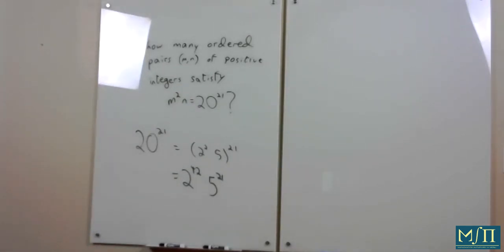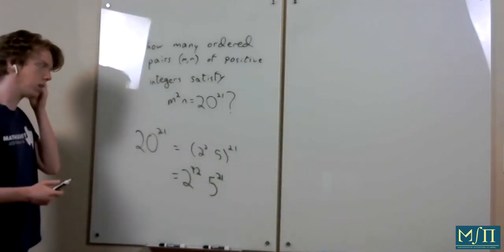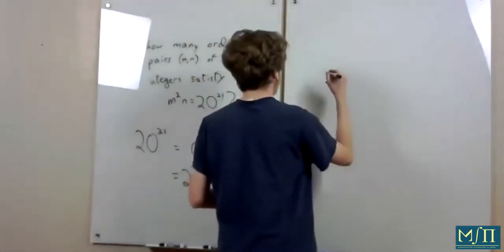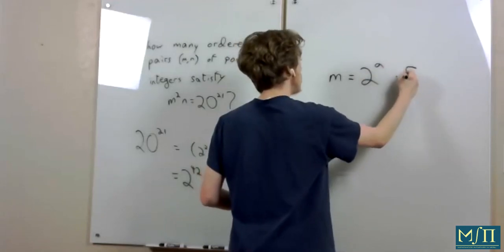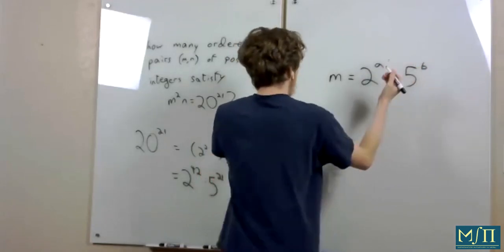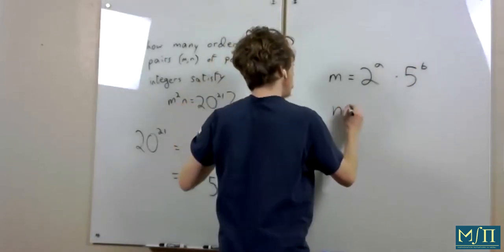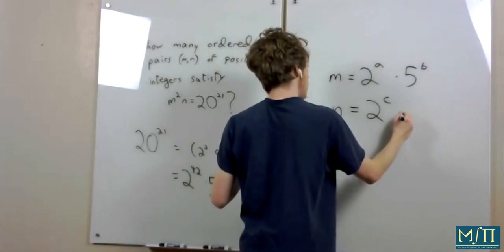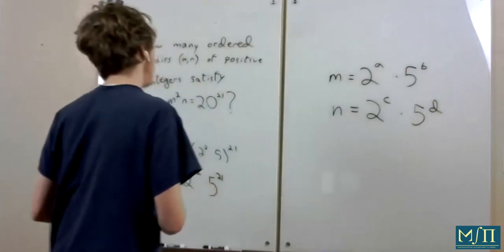Okay, so now any prime number that divides m or n must divide this number. So when you take m and n's prime factorization, you get this, where a and b are non-negative integers, and possibly a or b or both could be 0. Similarly, c and d are non-negative integers, and we allow them to possibly be 0.